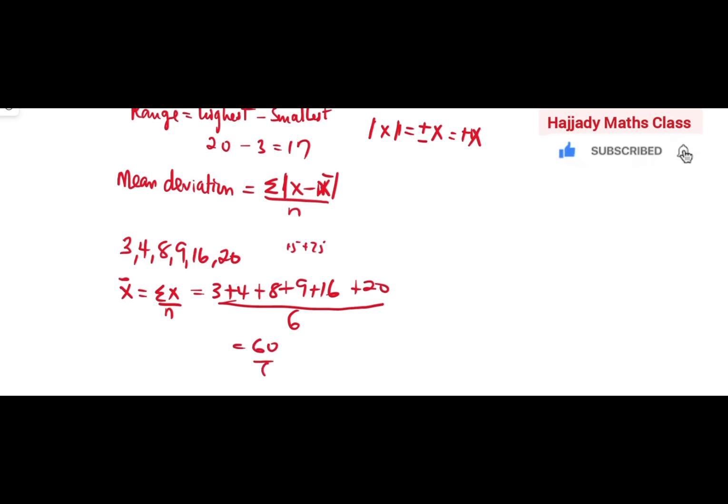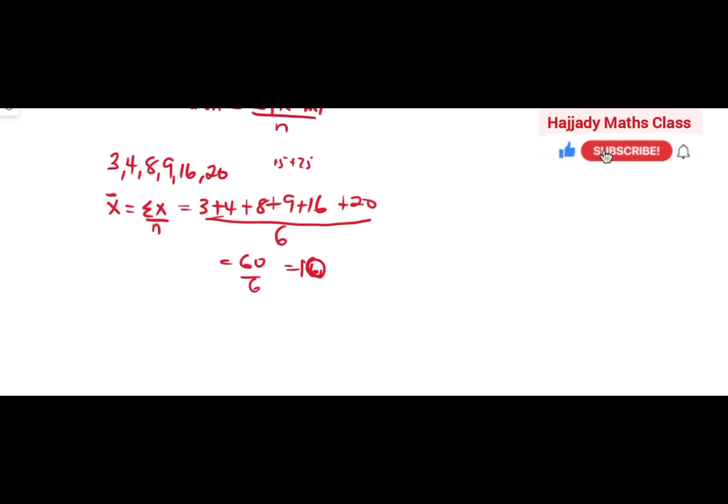So our x bar is 10. Using the same formula, summation of absolute x minus x bar over n, my mean deviation, which I can represent with MD, is going to be the summation of the positive value of my x minus x bar.